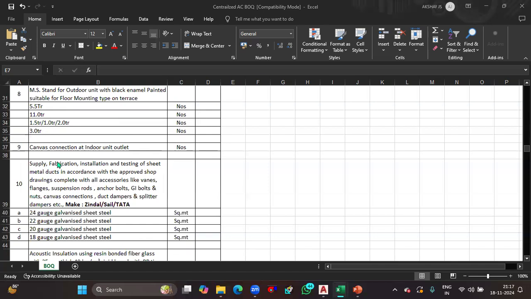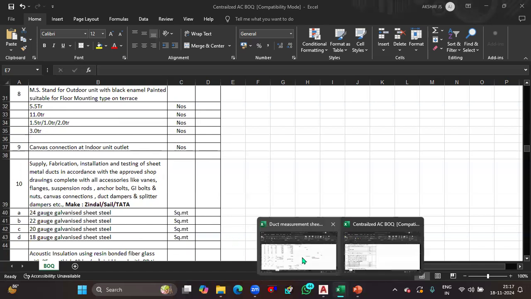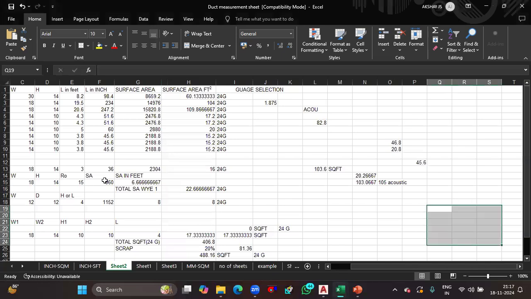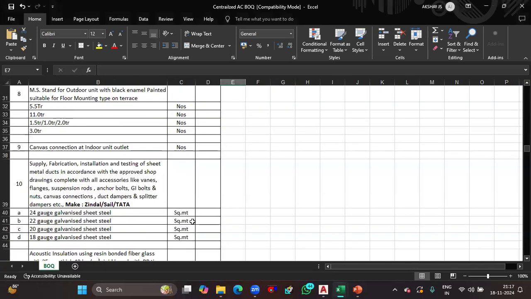And similarly, the fabrication, installation, testing of sheet metal ducts. So actually, what we've done in this exact quantity survey is nothing but this one. Here you can see how much square meter of duct is required for 22 gauge GI sheet, and what should be required for other gauges.